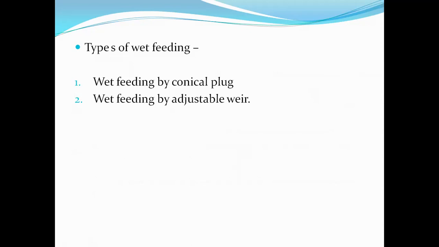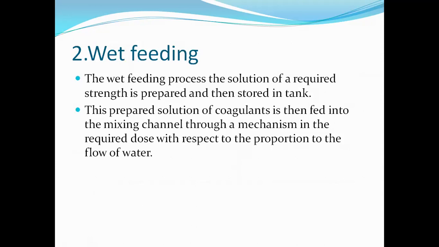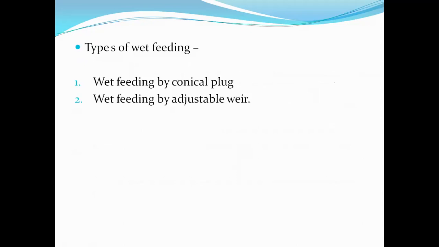Hope you all get this concept of wet feeding. What is wet feeding? It is the process in which a solution of required strength is prepared and stored, and this solution is mixed into the water in proportion with the help of a mixing channel. And there are two types of wet feeding: by conical plug and by adjustable weir.